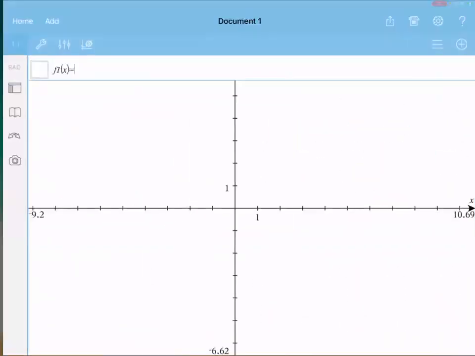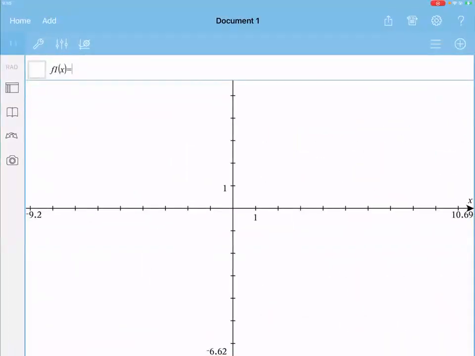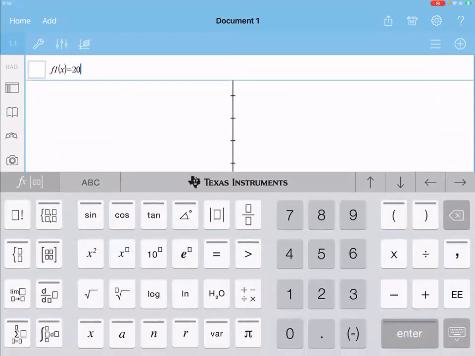So now for this one, I do want to verify with my graph: 20 cosine of (pi over 3)(x minus 5), close parentheses again, minus 3.